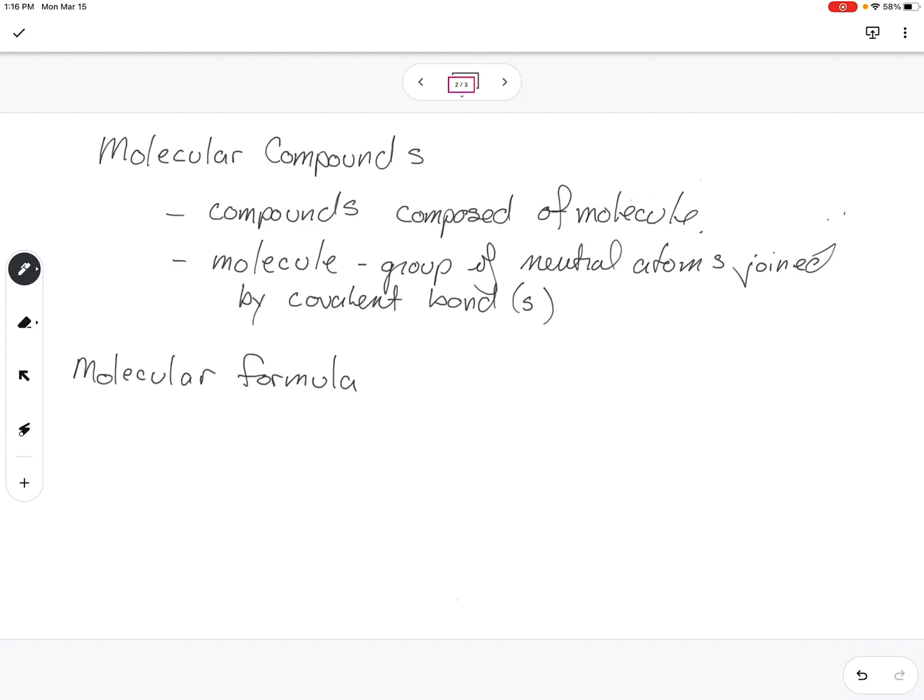And a molecular formula shows, different from the chemical formula for an ionic compound, how many atoms of an element that a substance actually contains.